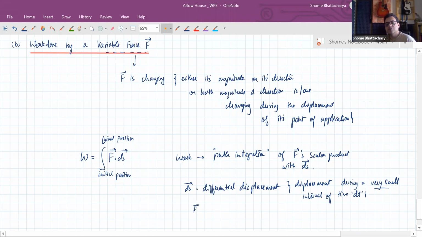And F is the instantaneous value of force, because the force is changing from time to time.